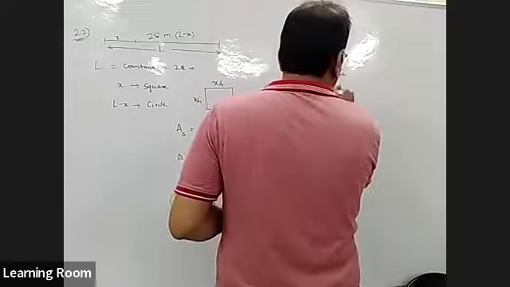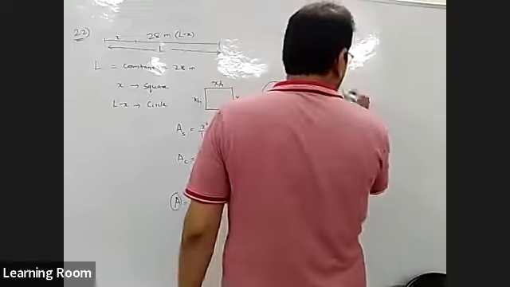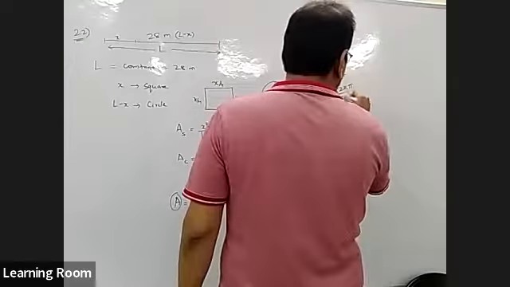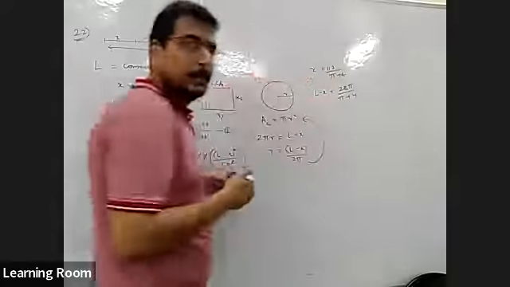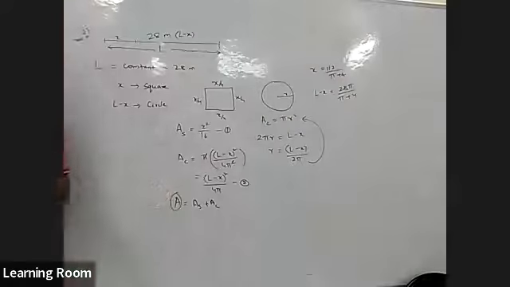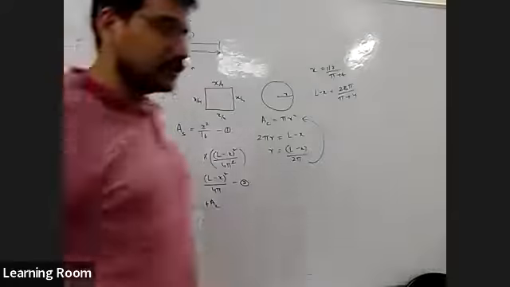How much is L minus x? 28.5 divided by pi plus 4. Correct? That's it. The differentiation part I'm leaving to you.